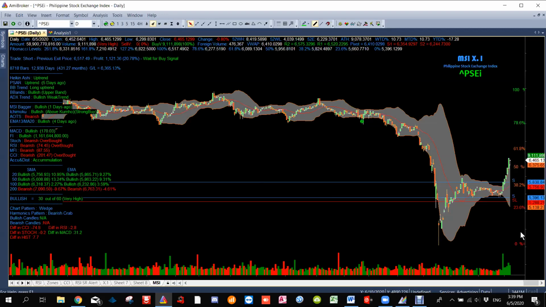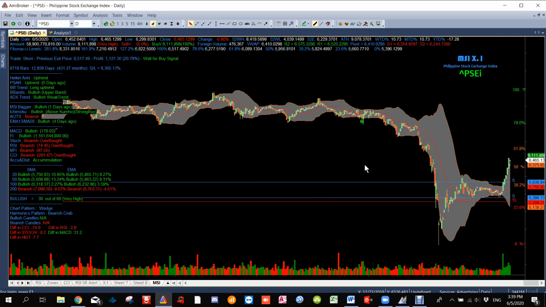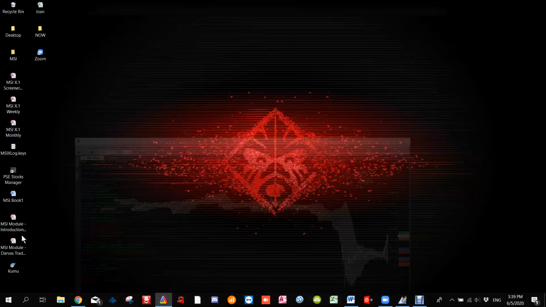Okay? Kasi yung dalawang band is pointing on different directions and they are open widely. Okay? So when you guys read the Bollinger Bands, kailangan mong basahin yung tatlong lines na yun. Okay, so let me show you something here.